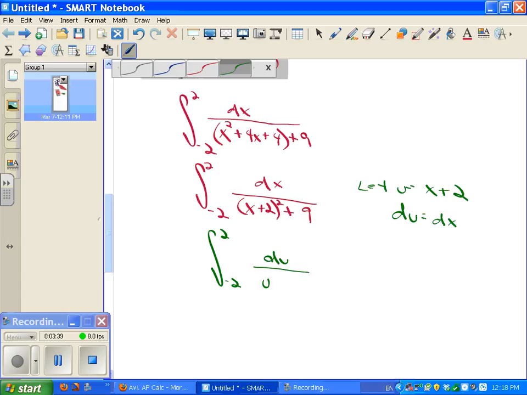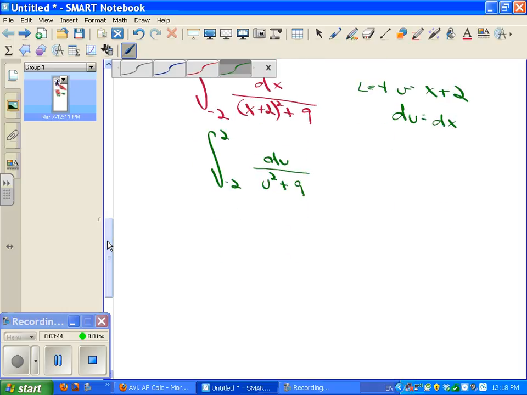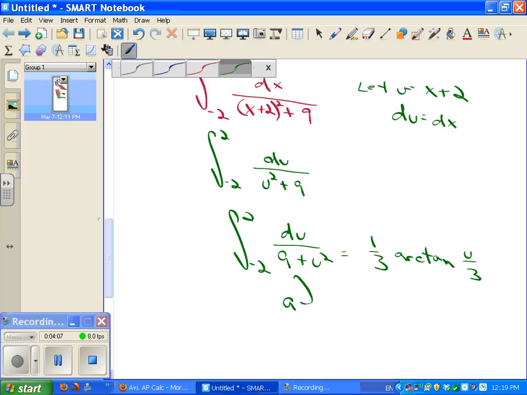Also means that now this is u squared plus 9, and because addition is commutative, I'm going to switch those orders so it looks more like the formula, because that one always goes a squared plus u squared. And now I can just plug it right into that formula, which would be 1/3 arctan of u over 3, because my a is going to be 3, because a squared is 9.